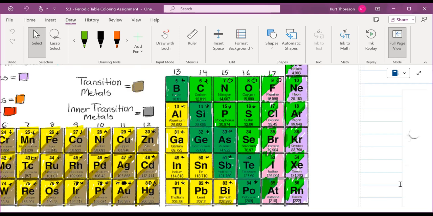Okay. Group 17 are the halogens. How many valence electrons does everything in group 17 have? 7. How many do you need to be stable? 8. So all these just need to gain 1 electron. Fluorine, chlorine, bromine, iodine, they need to gain 1 electron to be stable.